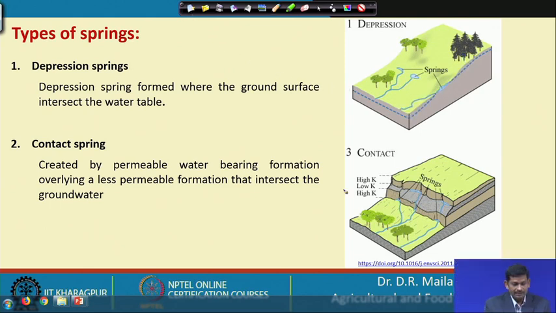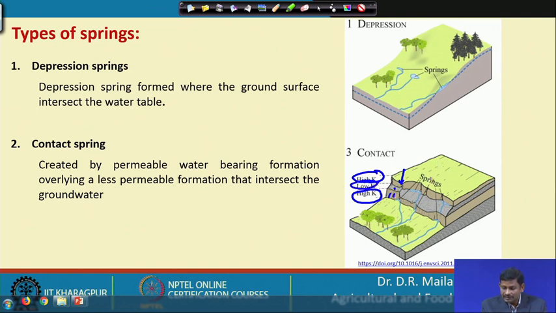And here there is a contact spring. The contact springs are like this: a high K layer, so more water will infiltrate, and at the bottom there is a low K layer, and again a high K layer.